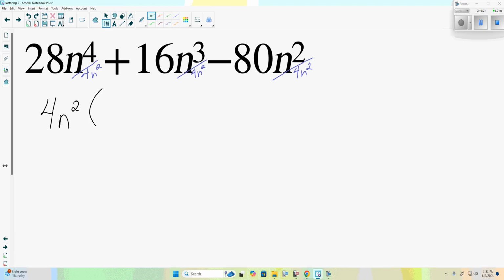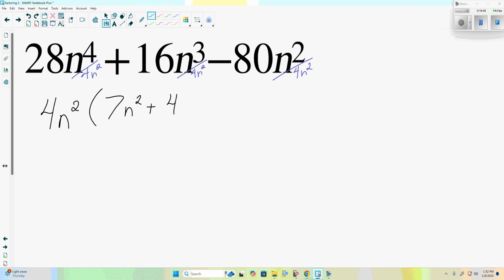Now when we factor 4n squared out of 28n to the fourth, 28 divided by 4 is going to give us 7. And when we divide n to the fourth by n squared, we take 2 n's away from n to the fourth. We're left with n squared. Plus, when we factor 4 out of 16, 16 divided by 4 is 4.